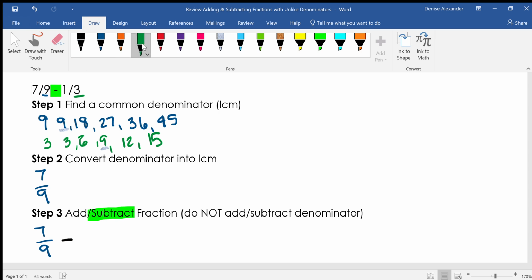Now I'm going to go over here, and I have 1/3. And I'm going to multiply some fraction, which equals number over 9. So 3 times what number gives me 9? Yes, it is 3. What I do to the bottom right here, I do to the top. 3 times 1, 3. I'm going to subtract 3/9.